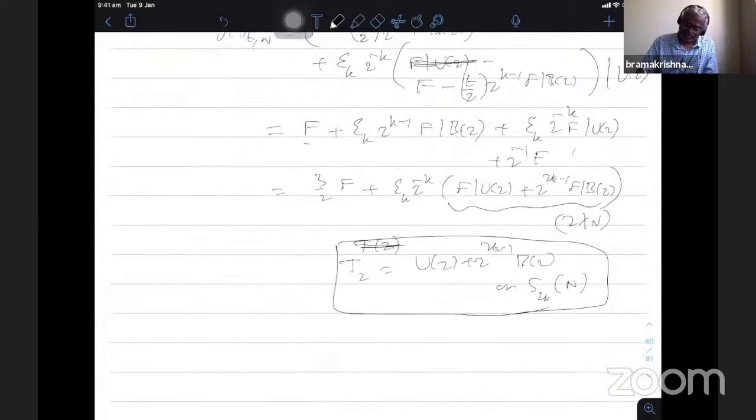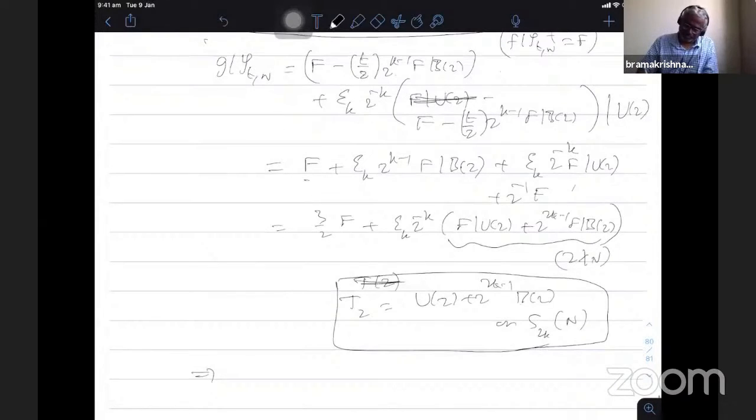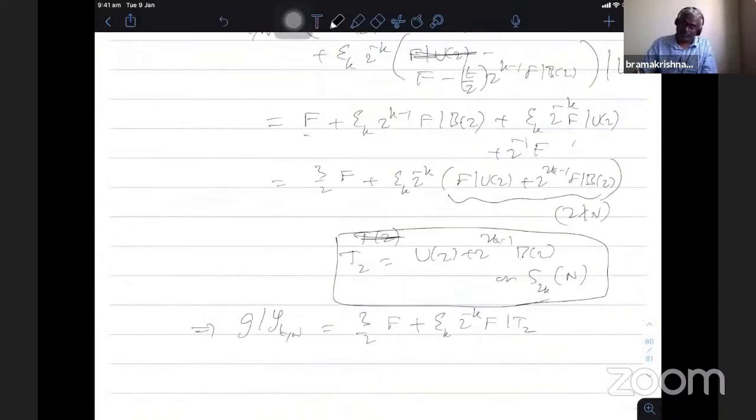Therefore this implies g bar St N is 3 by 2 f plus epsilon k 2 power minus k f bar T2. Now f belongs to level N, T2 preserves the level N, therefore f bar T2 is also in level N, therefore this belongs to M2k N.